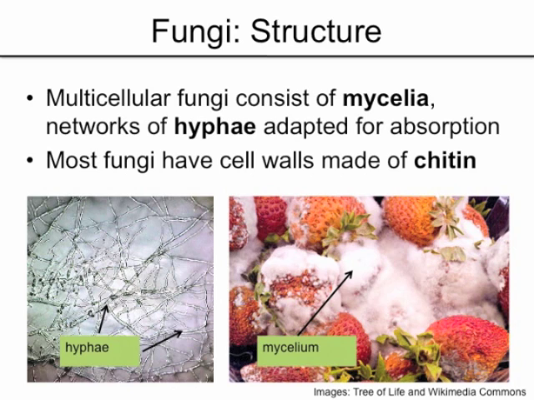Cellulose is the protein that makes a plant cell wall. Fungi have a chitin cell wall. Chitin is actually the same protein that's found in the exoskeleton of lots of insects. So things like beetles or cockroaches, the hard outer shell of a beetle or a cockroach, that's made of chitin as well.